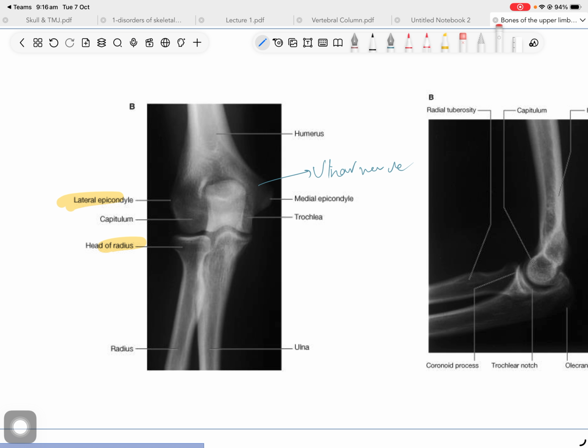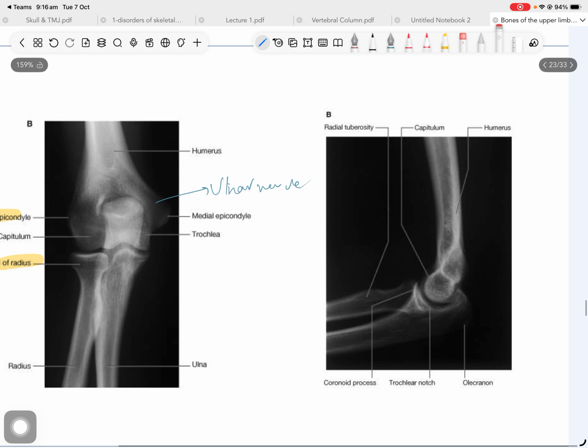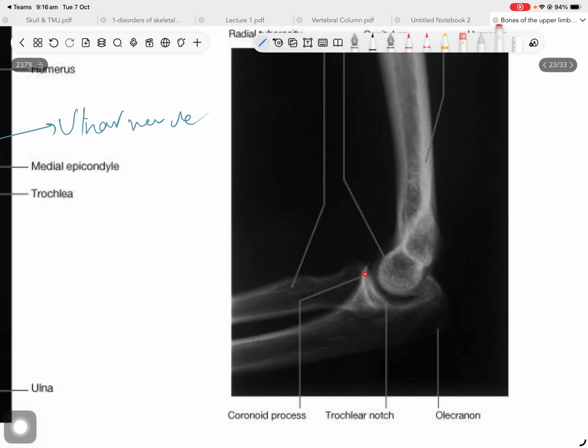What is this part? The head of the radius. Here? The neck of the radius. Okay, what is this? The trochlear notch. The coronoid. The olecranon process.